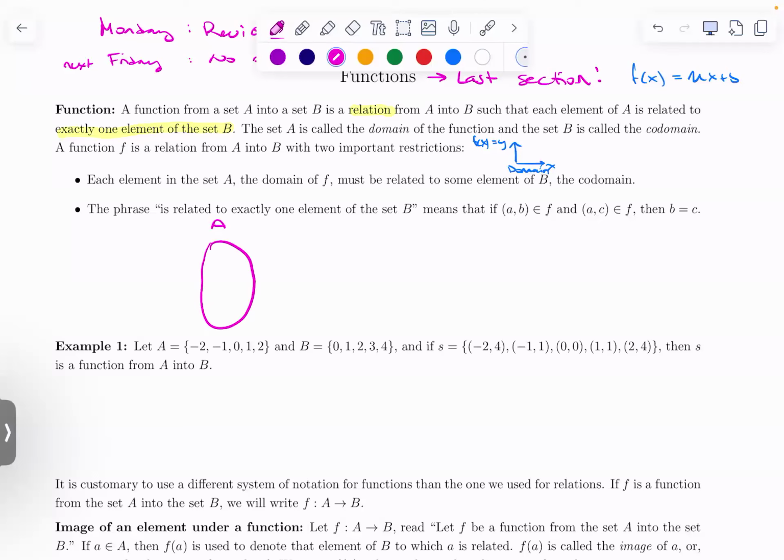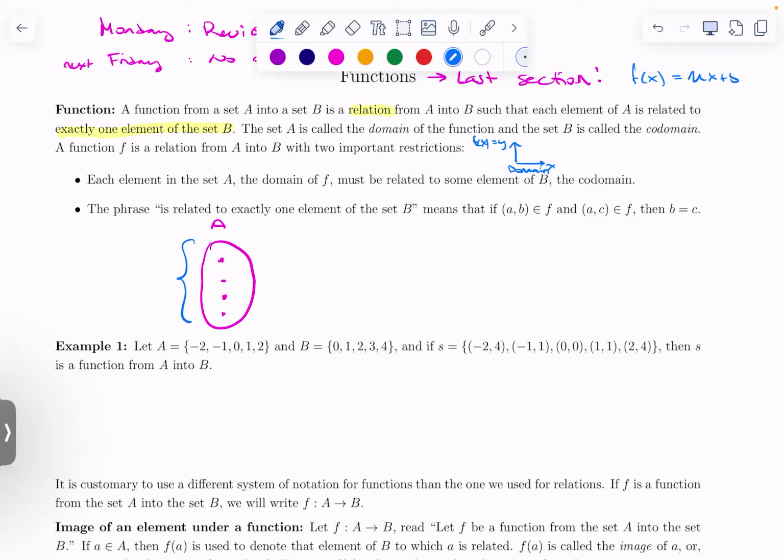And remember, for relations, we use something like a little bean here. And we can have, let's say, 4 elements in A. All those values make up the domain.